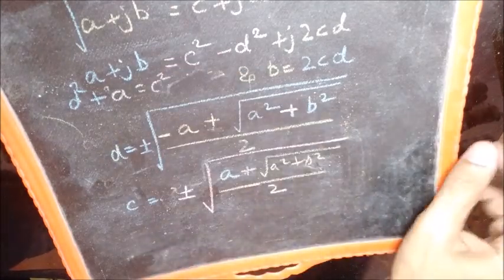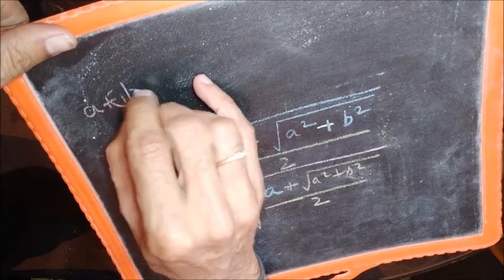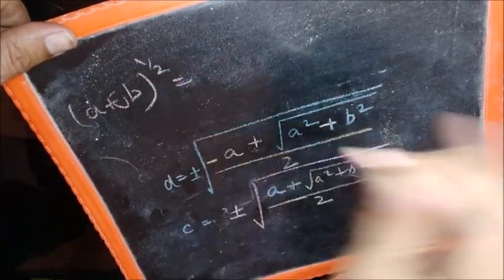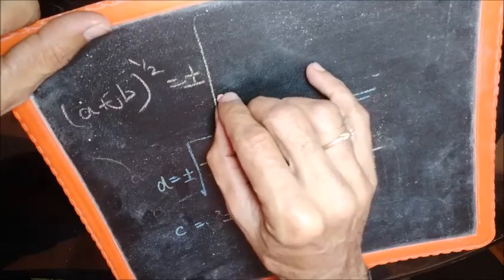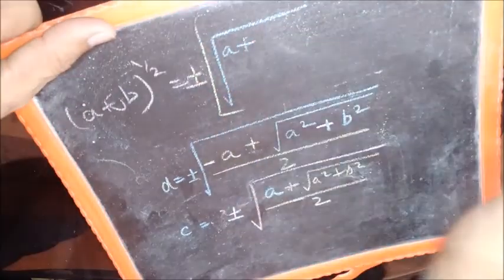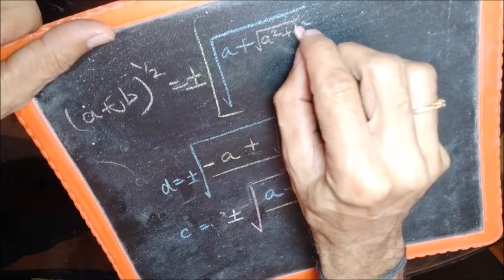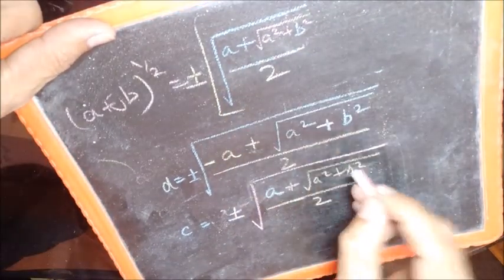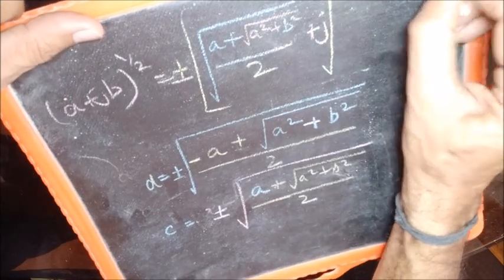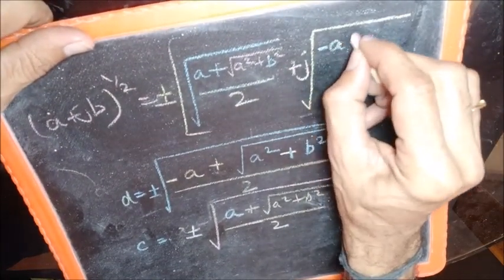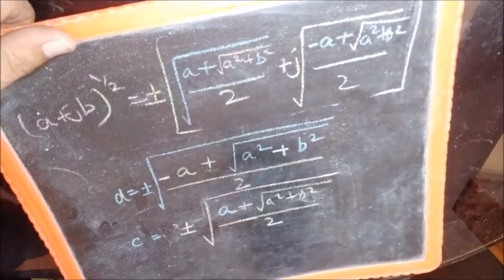So we can now write the square root of a plus jb is equal to plus or minus root of a plus root of a square plus b square divided by 2, that is c, plus j square root of minus a plus root of a square plus b square by 2, that is d.